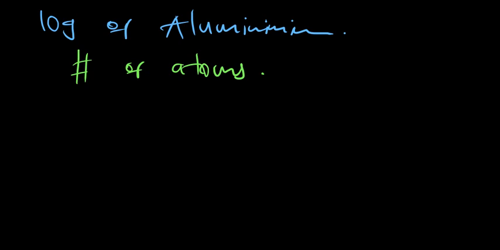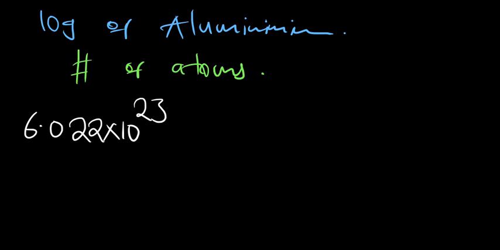What should we do? I said whenever they ask you to determine the number of atoms, number of molecules, what should come to your mind first is Avogadro's constant, and then the units are going to be defined by what they want you to determine. In this case, they want the number of atoms, so it will be atoms per mole.